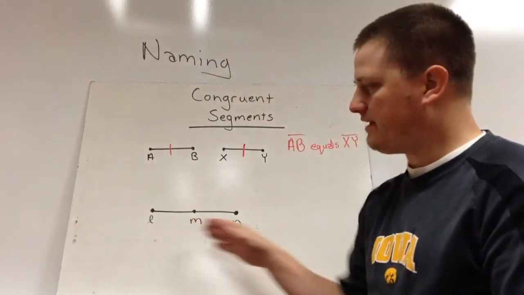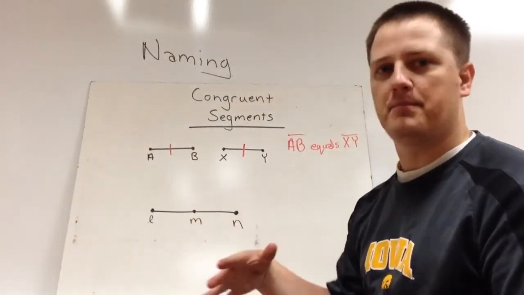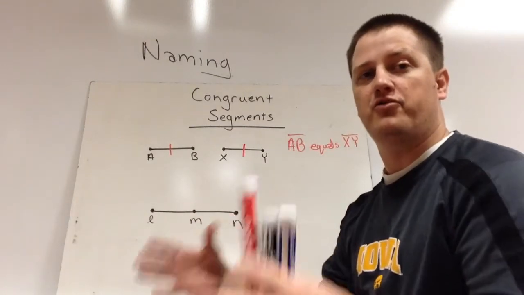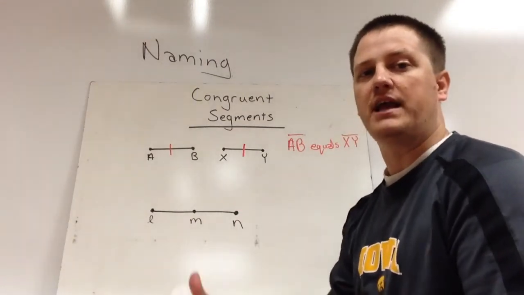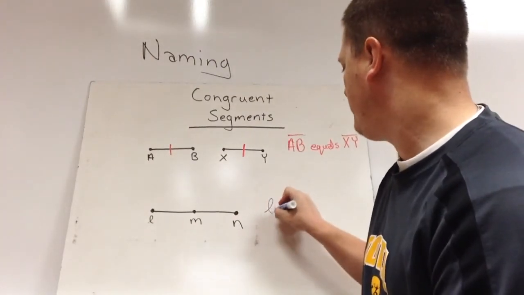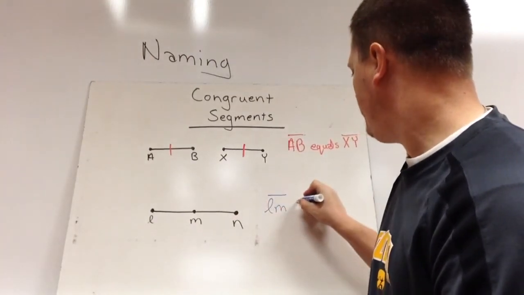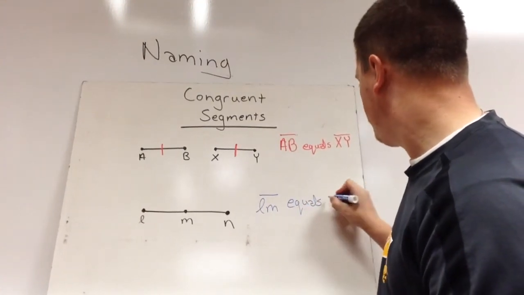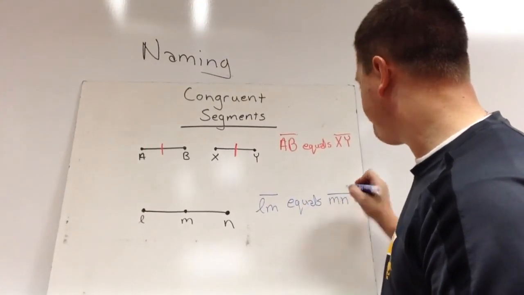Okay? In this segment, we're going to say that M is the midpoint, which means that it's halfway between, which means it bisects. So both sides of it are equal to each other. So again, this is going to say that LM equals MN.